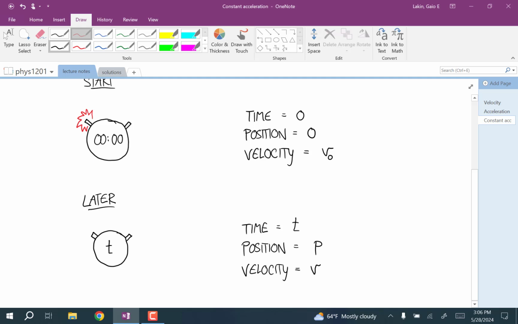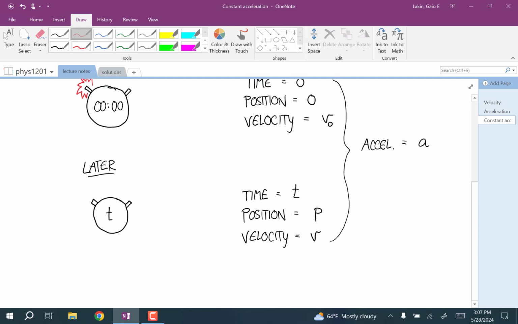What's the acceleration? Well, we don't have separate accelerations at these two instants, because since the acceleration is constant, it's going to be the same, and we're just going to call that a. Okay?